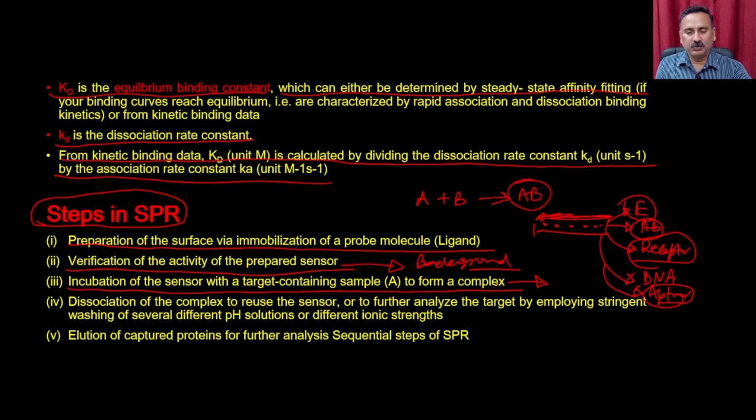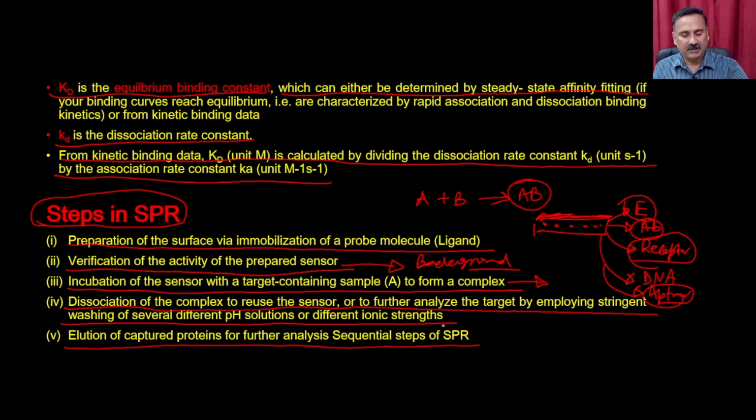This you also have to optimize, giving enough time so that AB is formed. Then dissociation of the complex to reuse the sensor or to further analyze the target, by employing stringent washing with severe detergent, different pH solution or different ionic strength. Then elution of the captured protein for further analysis, or the sequential steps of the SPR.